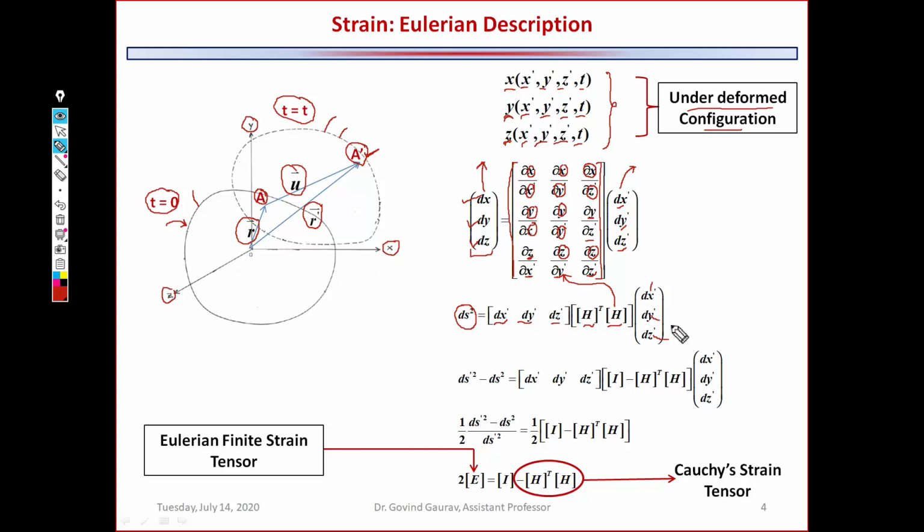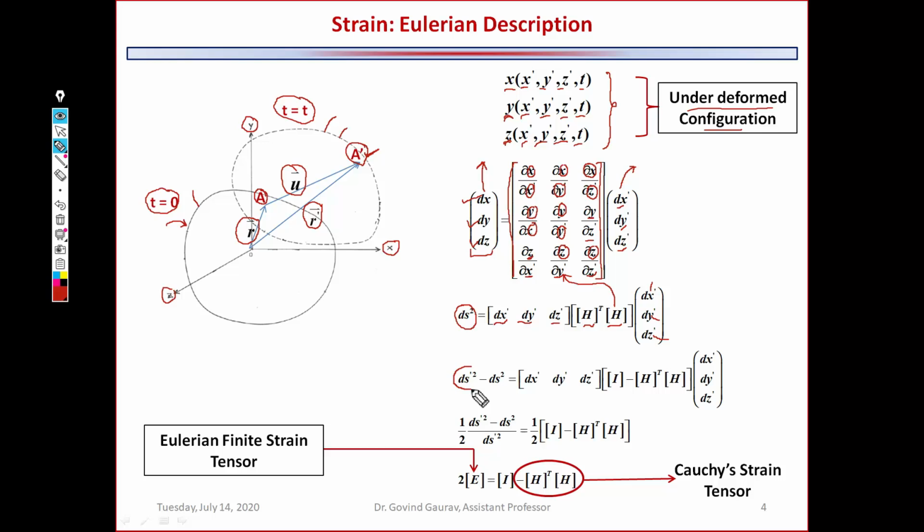This is the similar thing that we have earlier done in case of the Lagrangian description. The same thing over here we have done. Then again what we need to calculate? We need to calculate the strains. So initially we have calculated ds square.